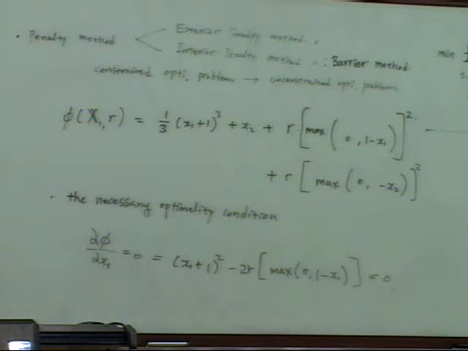And if I do the second thing, okay, now we have 2 equations, and we have to find the x1 star and x2 star, and this x1 star and x2 star should be described in terms of the r penalty value.